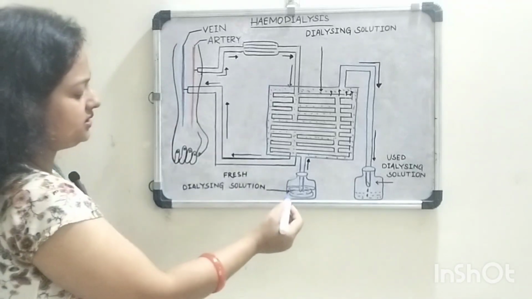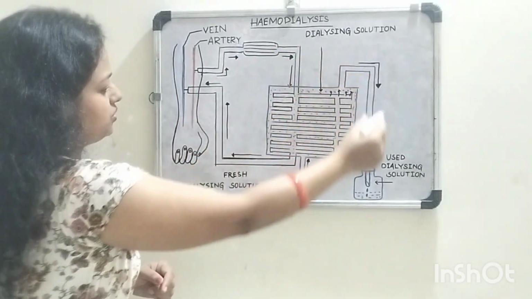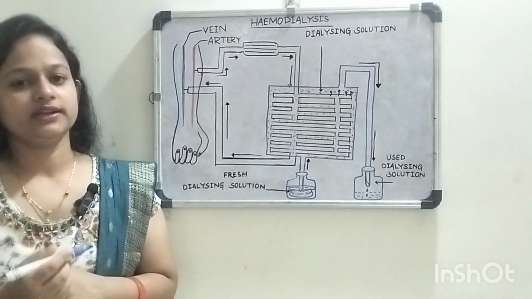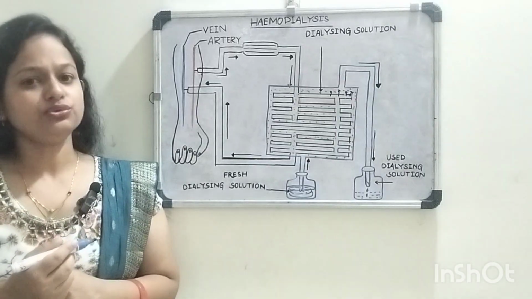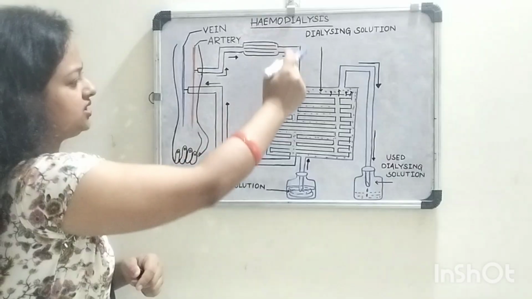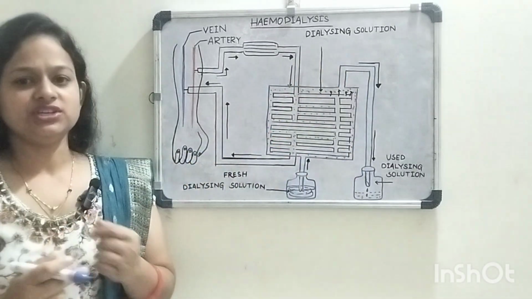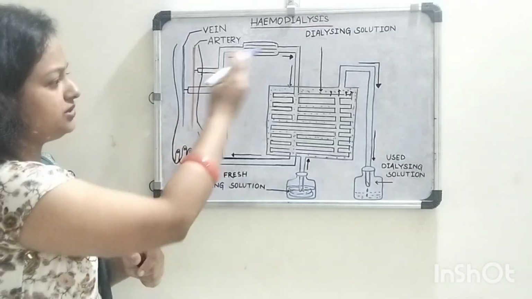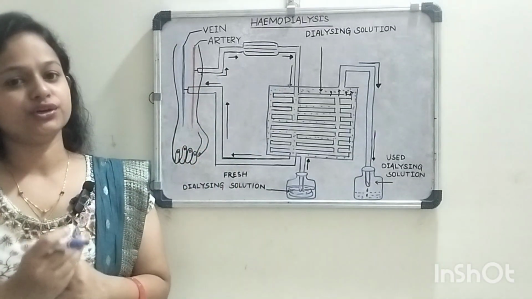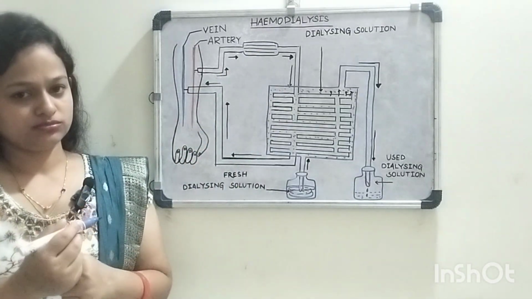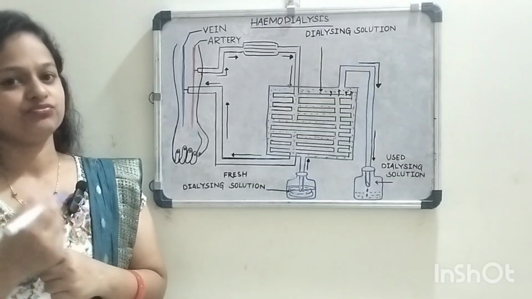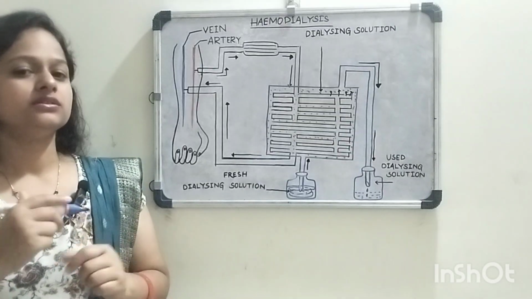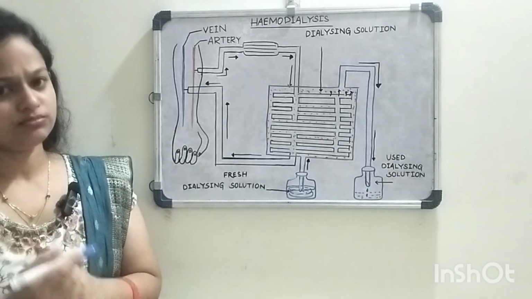This is the whole process of hemodialysis, and the total technique takes about 3 to 4 hours. This cycle repeats again and again many times, and after 3 to 4 hours of dialysis, the blood gets purified and there is no nitrogenous waste present in the blood.